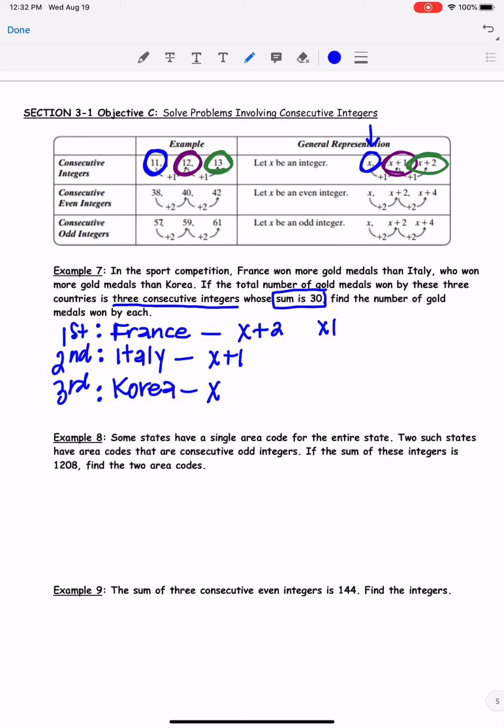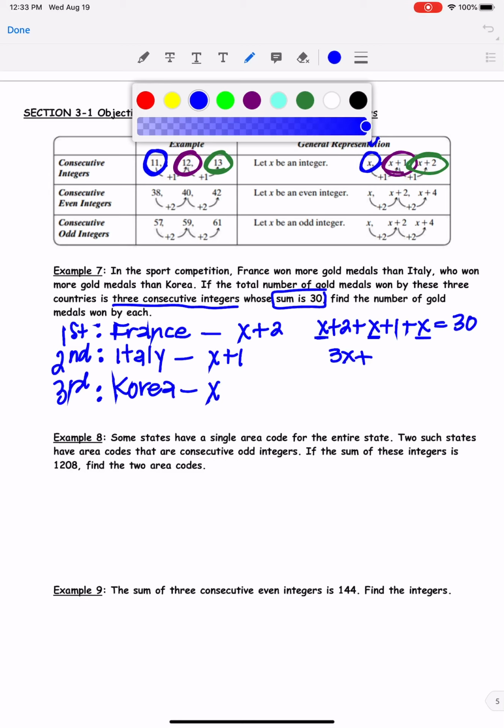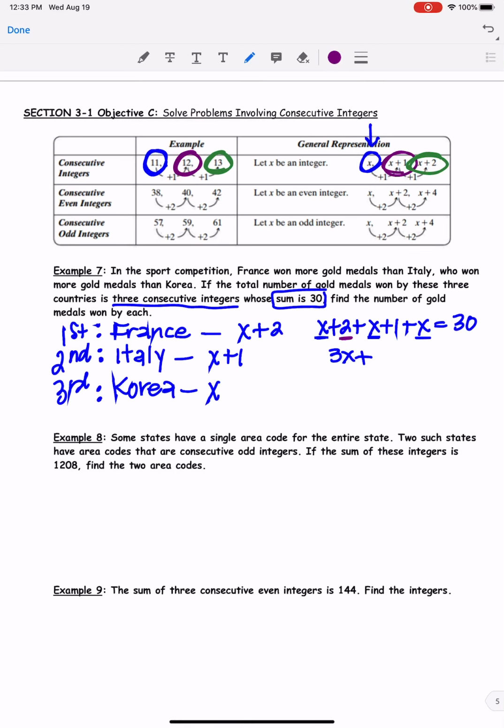I know France plus Italy plus Korea won a sum of 30. So that is going to equal 30. So combine your like terms. We've got x plus x plus x to give me 3 x's plus 2 plus 1 gives me 3, and that still equals 30.